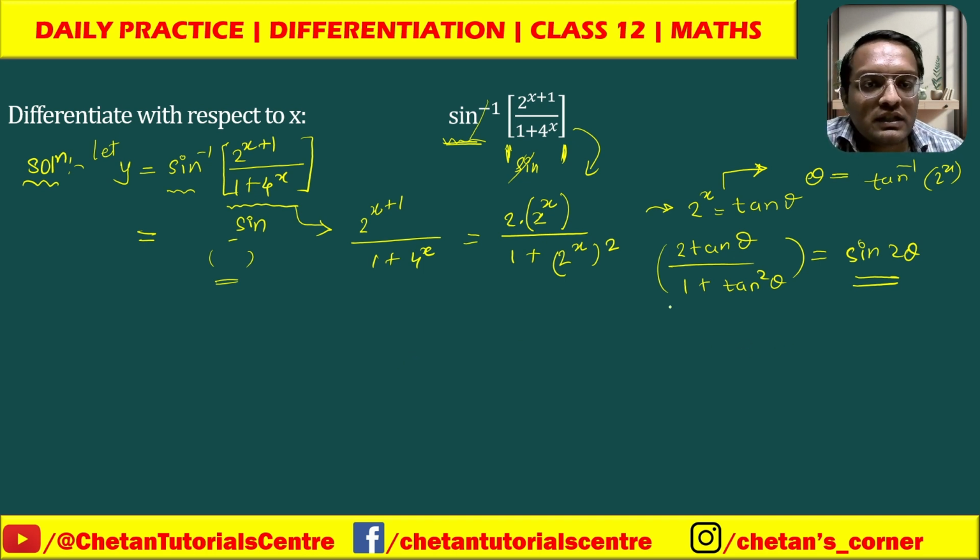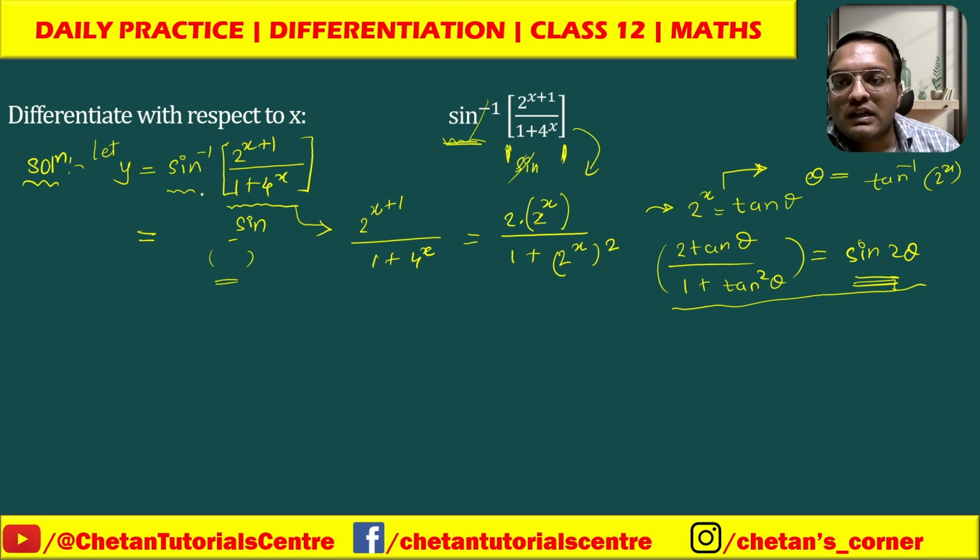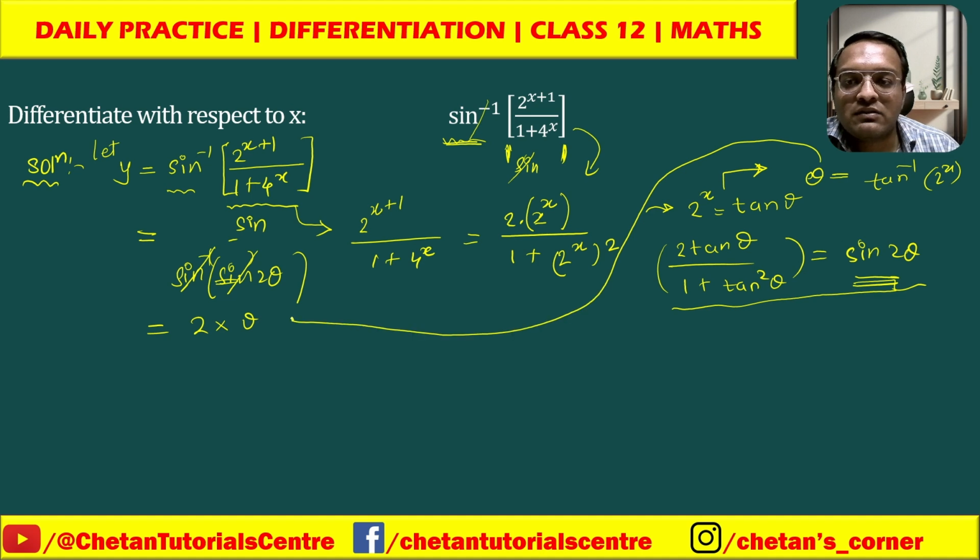Once we put sine 2 theta inside the bracket of sine inverse, the sine inverse and sine get cancelled, and we are left with 2 into theta. Then substituting the value of theta, we get y equal to 2 into tan inverse of 2 raised to x. So in this way we simplify this given function.